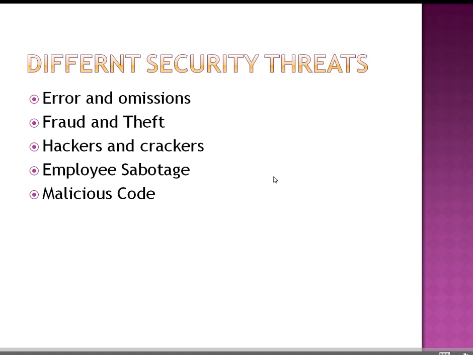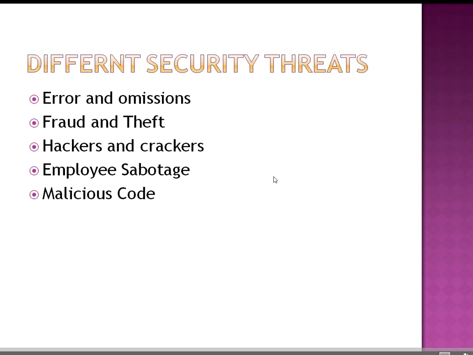Okay, and the third one is hackers and crackers. Now hackers are the good people and crackers are the bad people. Hackers are a kind of good people who do hacking for a good purpose and to obtain more knowledge from it. And crackers are the bad people who break into and violate the system remotely with the intention to harm the data and steal it.